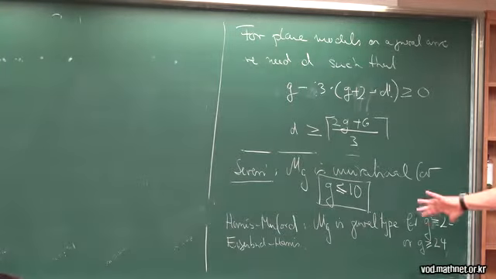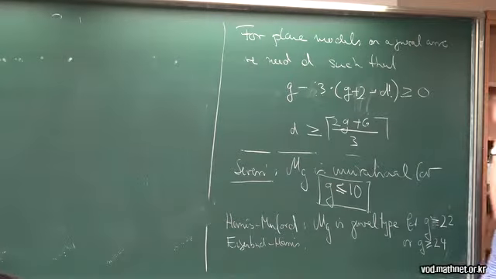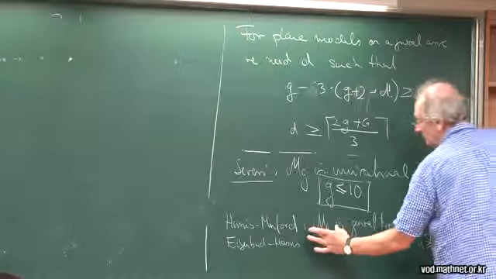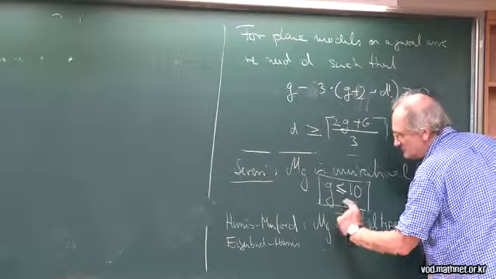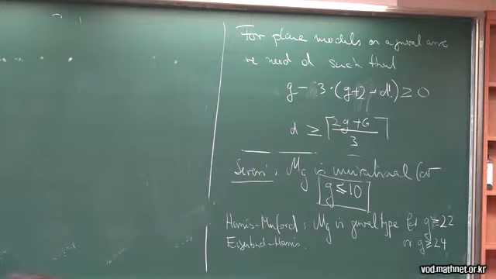So general type means that the canonical bundle on a desingularization compactification of M_g is big, has many sections, which in turn means that in M_g there is no rational curve through a general point.